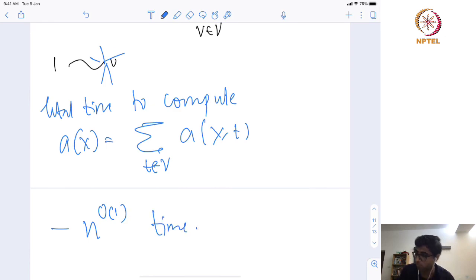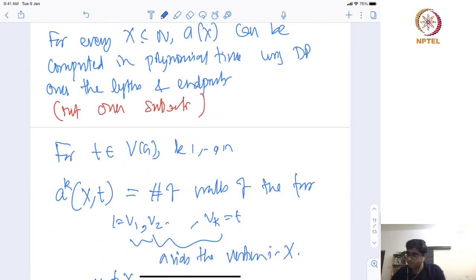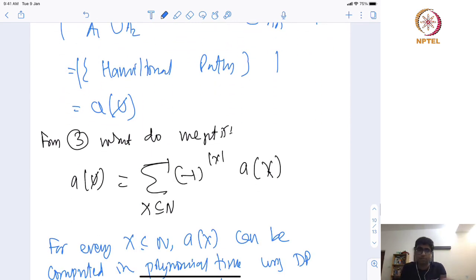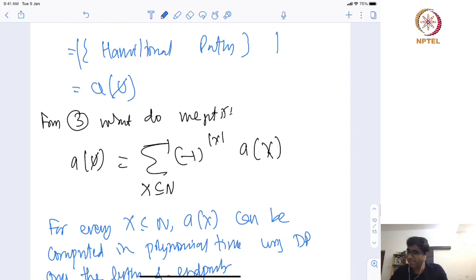I am not going to spend more time on this, but notice it is very good. Now you compute A of x, keep it, and then you go over all x subset of n, compute A of x, and then multiply by minus 1 to the power |x|. So, you can evaluate this expression in 2 power n times poly time and actually polynomial space.